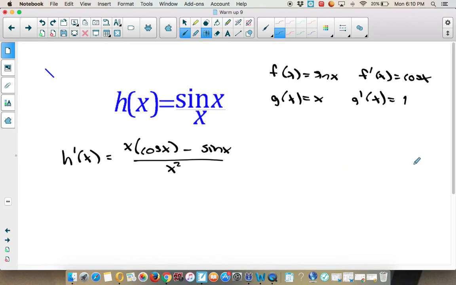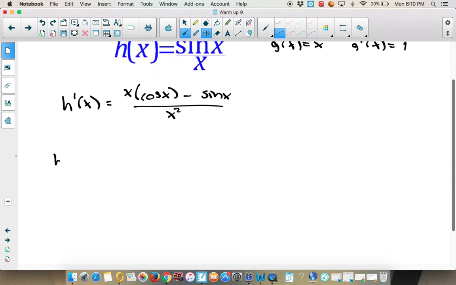but if I want to take the second derivative, that's going to be the bottom times the derivative of the top, which is going to be, let's see, x, bottom times the derivative of the top.